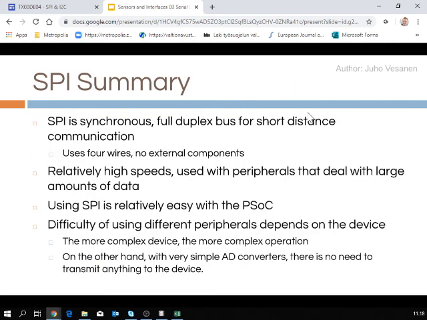Okay, some summary. SPI summary. Synchronous full duplex bus for short distance, high speed communication. And actually, a nice thing about SPI, I used to have an exercise to make a software SPI.